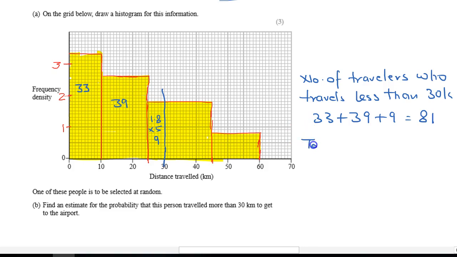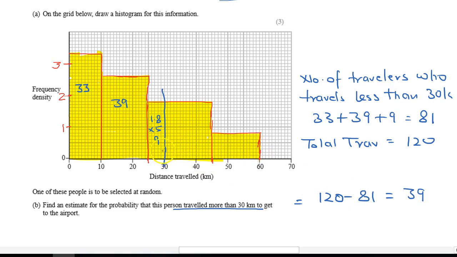Total we have travelers 120. So the person who traveled more than 30 kilometers will be 120 minus 81, and that will be 39.